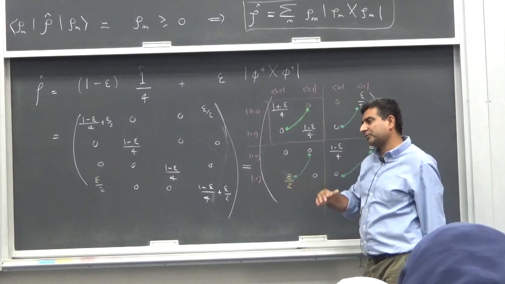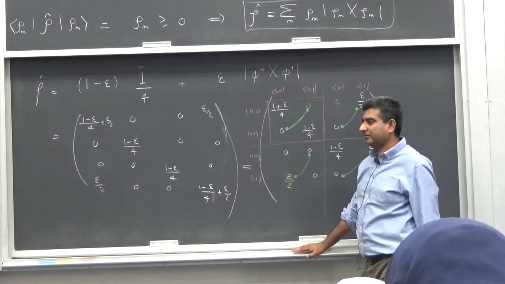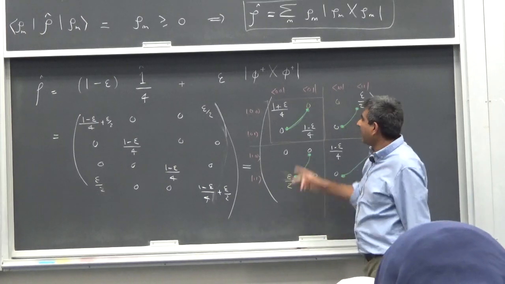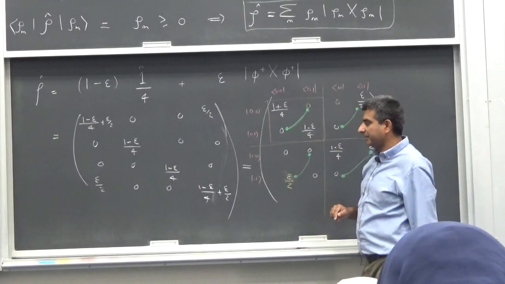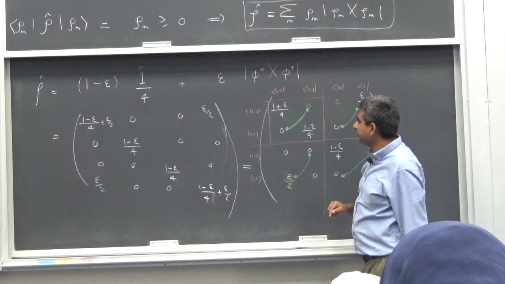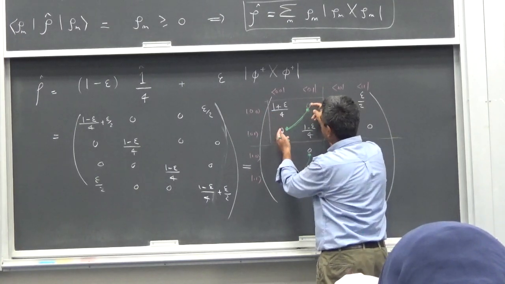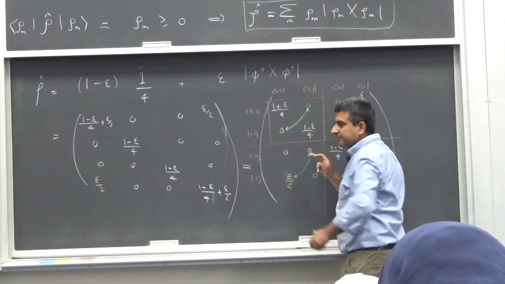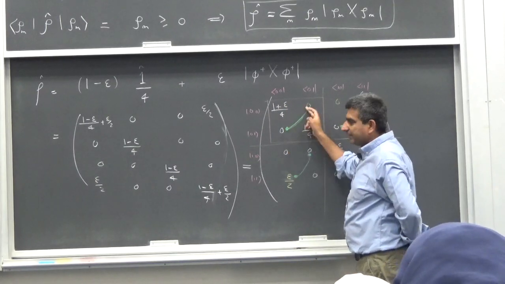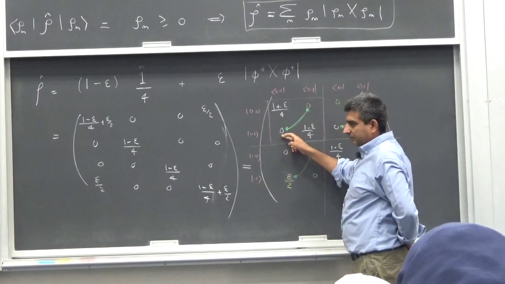Now if I were to transpose with respect to the second qubit, what that means is I would need to swap only those elements for which, if I were to take just this matrix, the transpose of this matrix would mean keeping the diagonals unchanged and swapping these two elements. Alright.